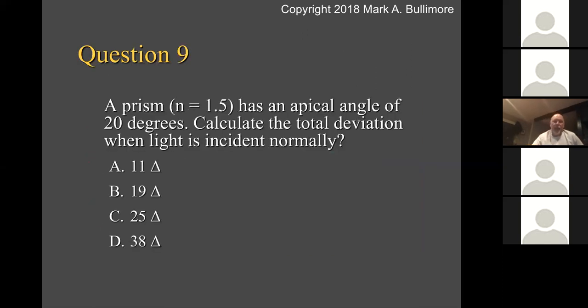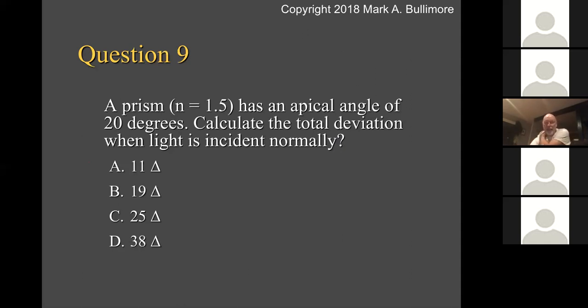So here's a problem for you. We've got a prism with an apical angle of 20 degrees, and we're being asked to calculate the total deviation when light is incident normally.